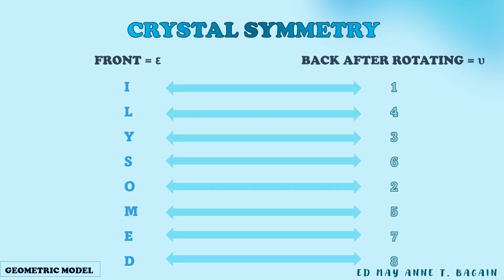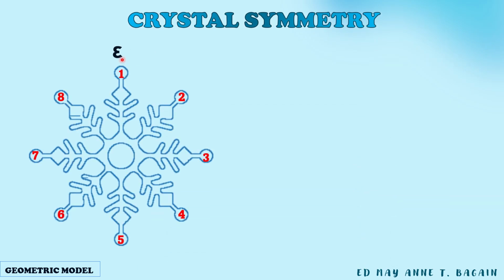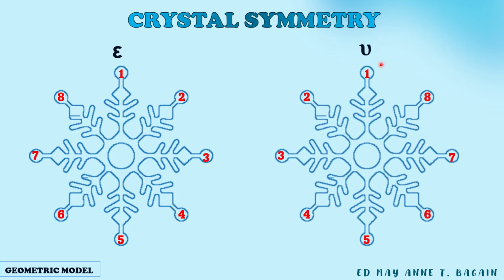As we can see here, we have the epsilon for 1, 2, 3, 4, 5, 6, 7, 8, and the next one we have upsilon for 1, 8, 7, 6, 5, 4, 3, and 2.